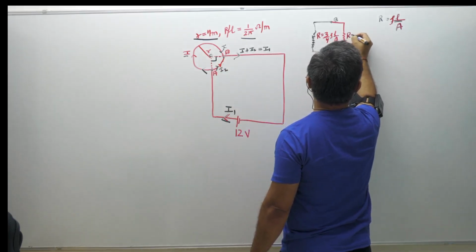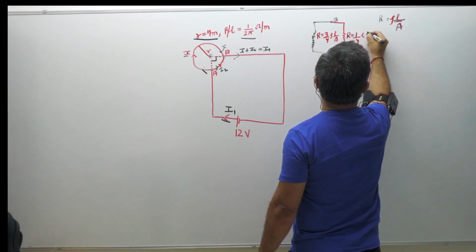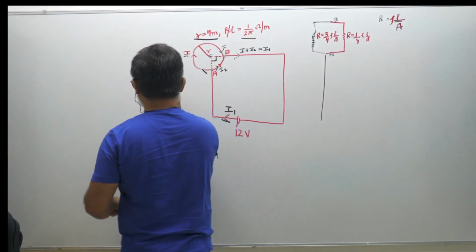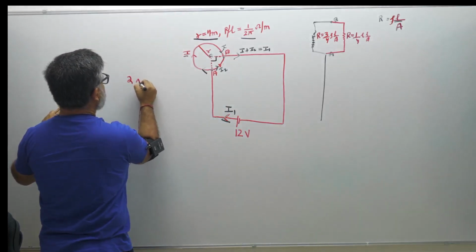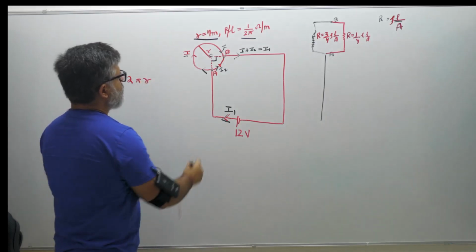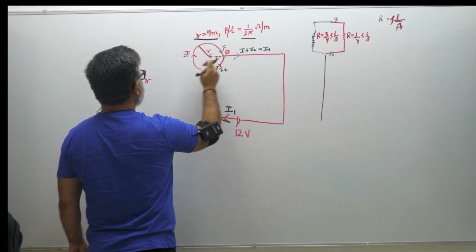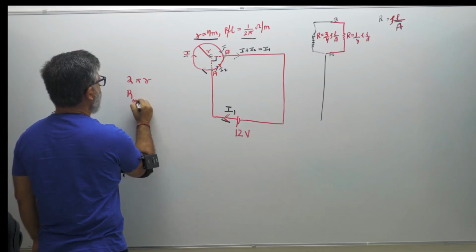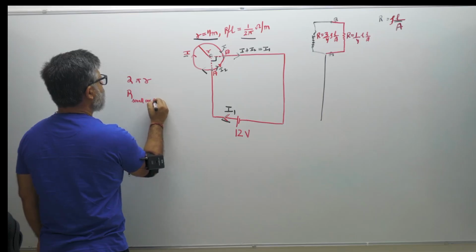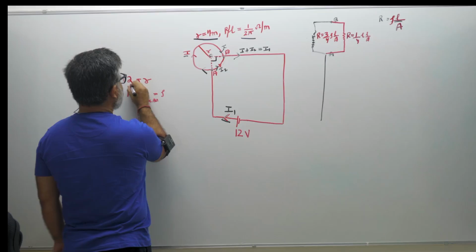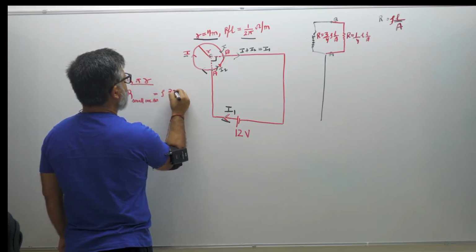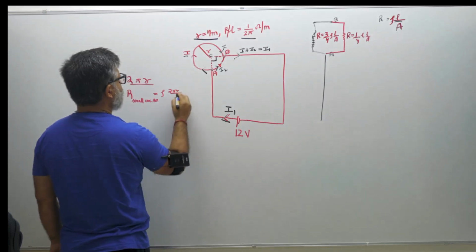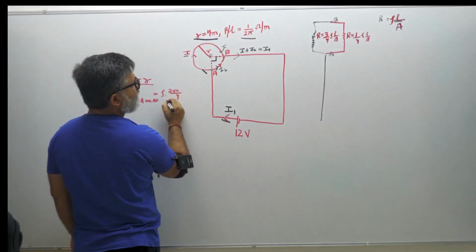This resistance is equal to 1/4 of rho L by A, because the total length of the circumference is 2 pi r, and this small part is 1/4. So the resistance of the small arc AB is rho, times the length 2 pi r by 4, because we're dealing with only 90 degrees, divided by area.